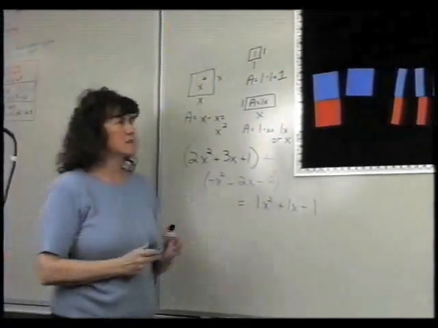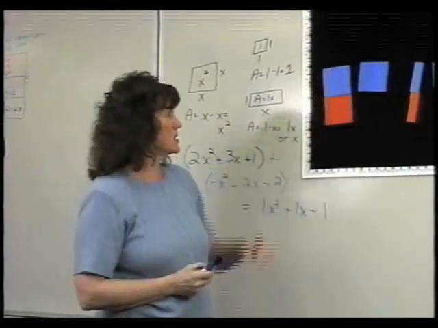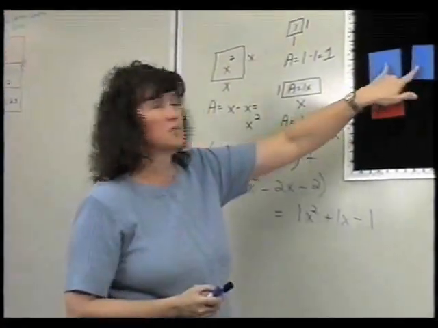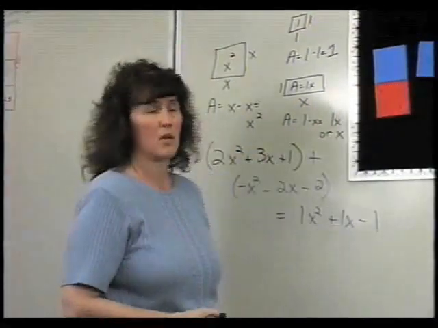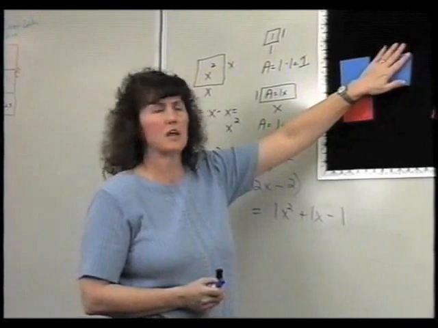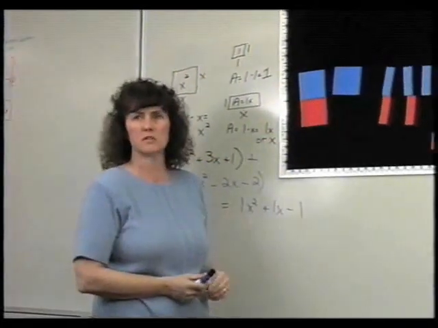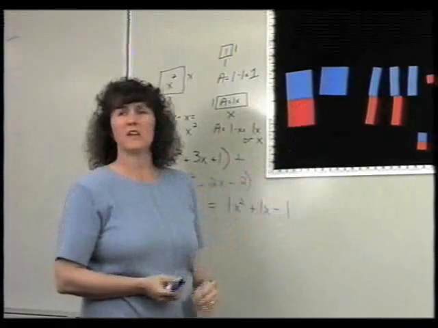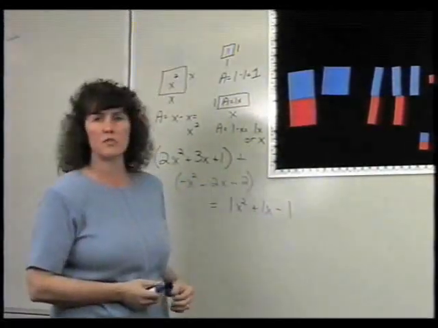And the very nicest thing about using the algebra tiles is students never tell me that they have 2x to the 4th. They don't get that exponent wrong because they know what the tiles look like, and they know that these tiles are x squareds. And so when you combine them, all they can get is whatever pieces they started out with in the first place.